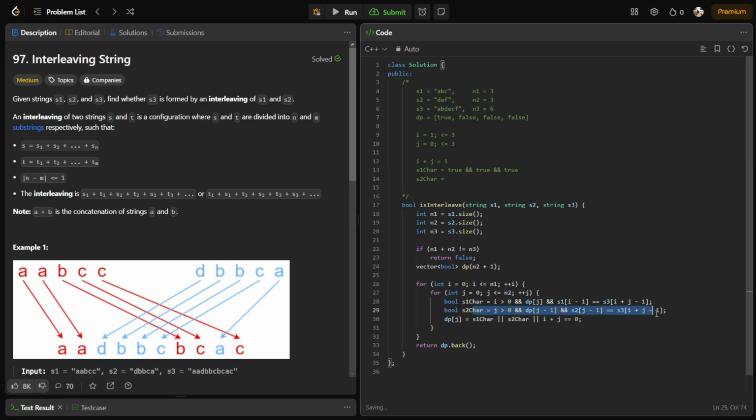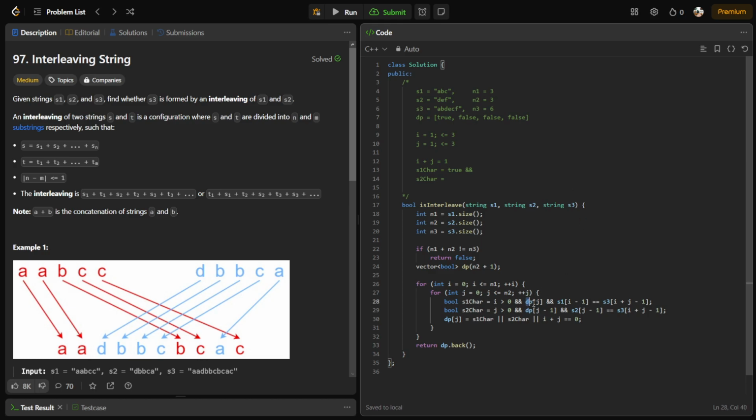I know we have not done this for s2, but looking at this condition here, we are checking whether either one of them is true. Since s1 is already true, we can technically skip s2 and just mark dp[j], j is 0, as true, which is already true. j now increments.